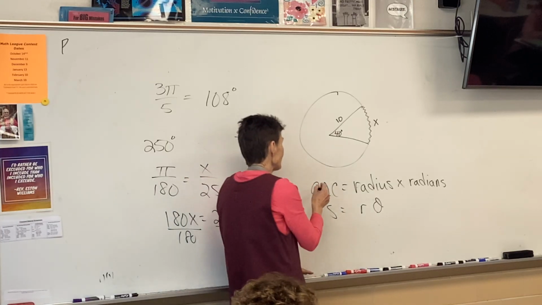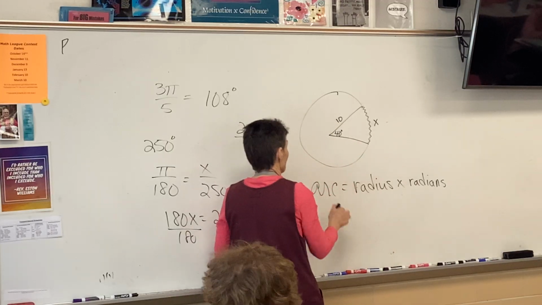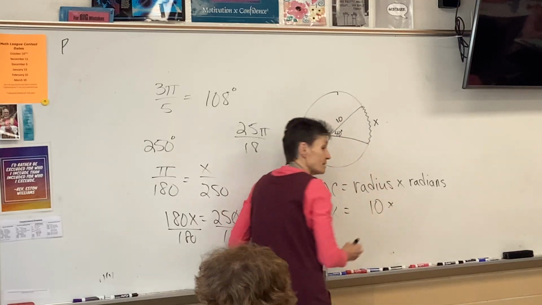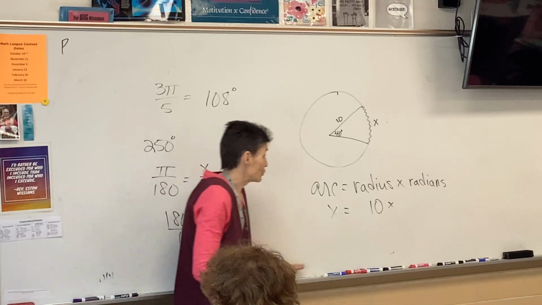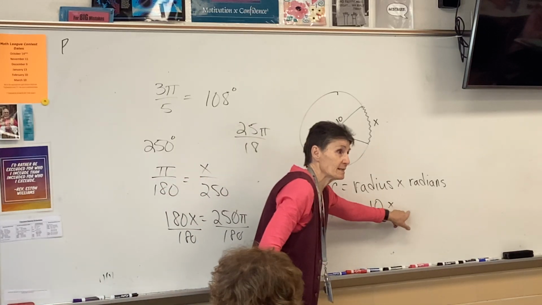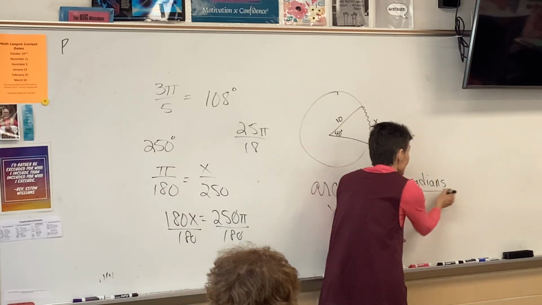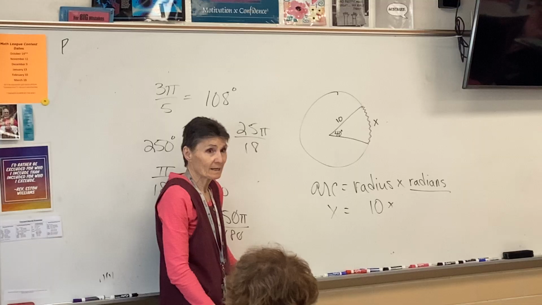Now, I'm trying to find my arc. I don't know what that is, but I do know my radius is 10. Now, don't put 40 degrees here, because theta, the angle, must be in radians. So what am I going to have to do?